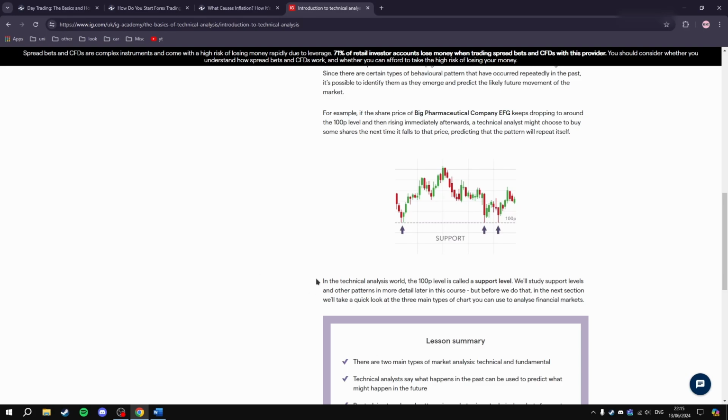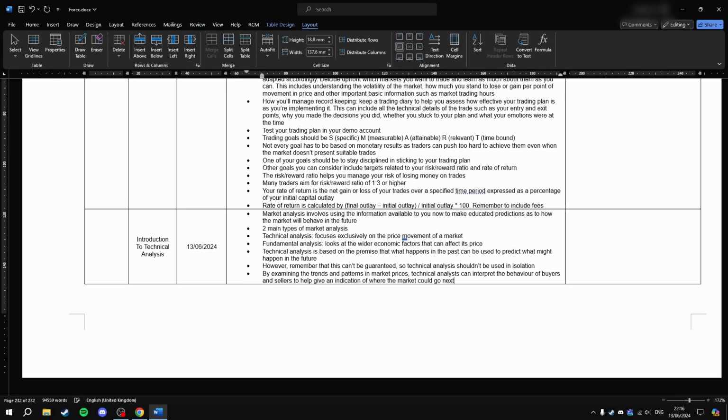In the technical analysis world, the 100p level is called a support level. We'll study support levels and other patterns in more detail later in this course, but before we do that, in the next section, we'll take a quick look at the three main types of charts you can use to analyze financial markets.